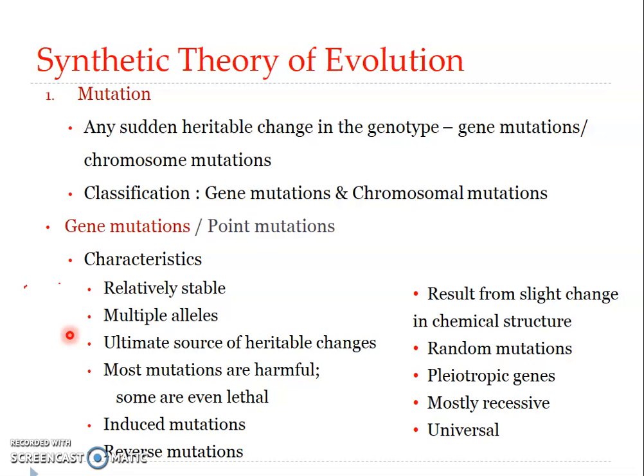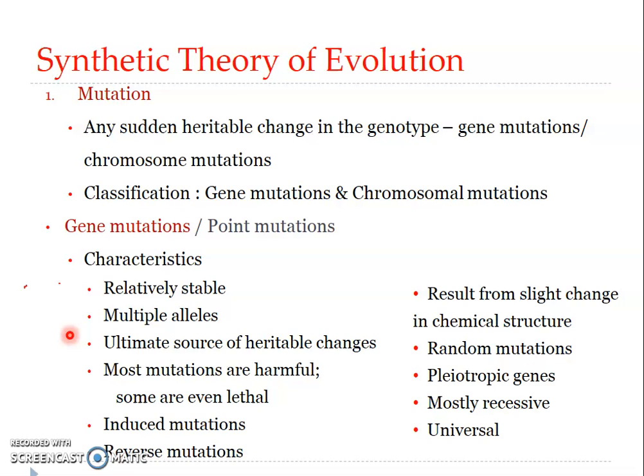Then deletions: an already existing base pair may be removed. All these can bring about changes in the normal gene sequence, and that is what brings about the gene mutation. Any change in the order of these bases will alter the coded message that the particular gene contains, and as a result there is a modification of the polypeptide.